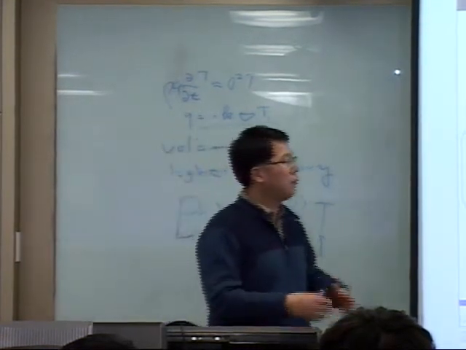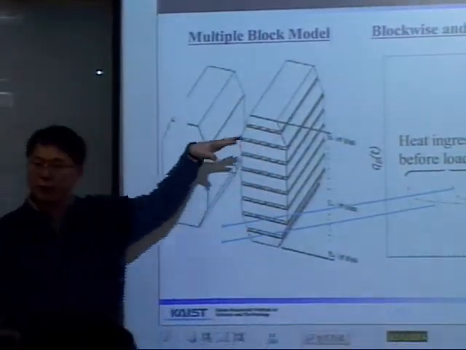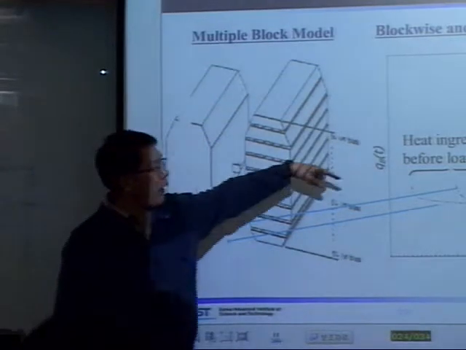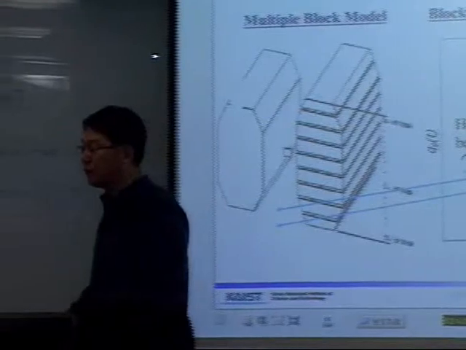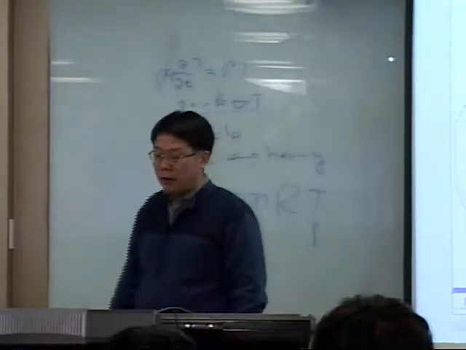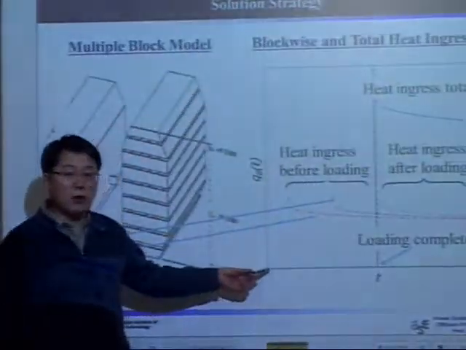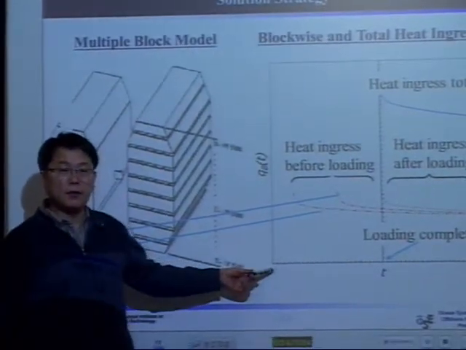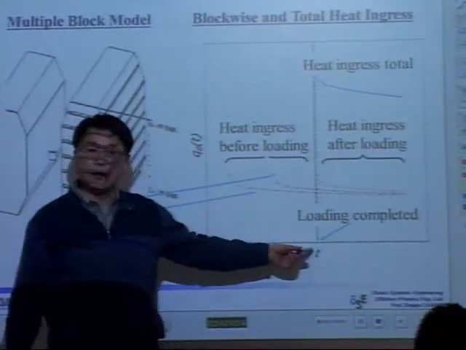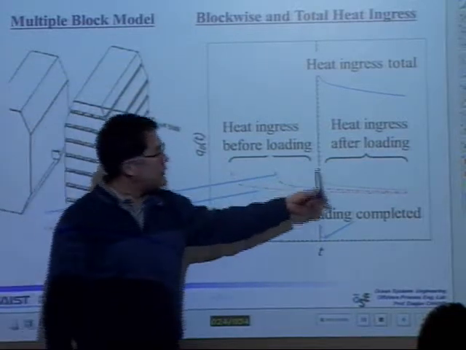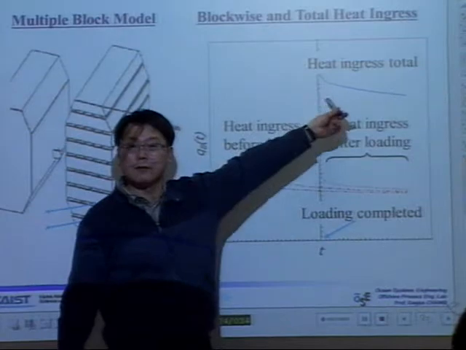Then, if we fill up the cargo tanks with LNG, and add the heat flux over time, then we can get the overall heat ingress. This point T0 is the start of the loading, and this is the time for loading completed, and if we sum up the heat ingress, we can get the total heat ingress.